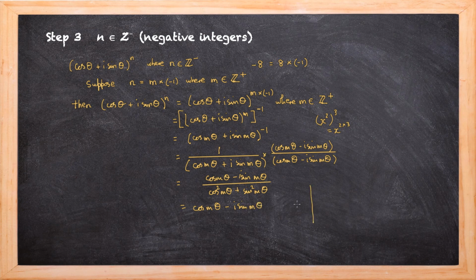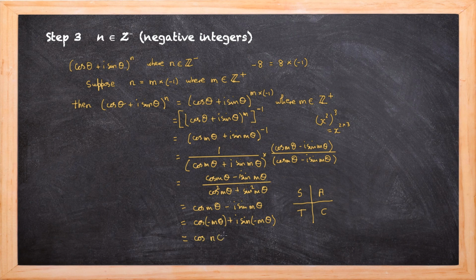Now, remembering your quadrant diagram, cos m theta is exactly the same as cos negative m theta. Cosine in the fourth quadrant, same as cosine in the first quadrant. However, for sine negative m theta, that's the negative of sine m theta. So the negative becomes a positive there.